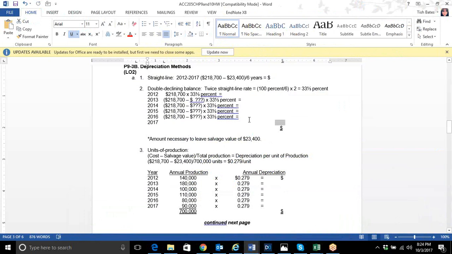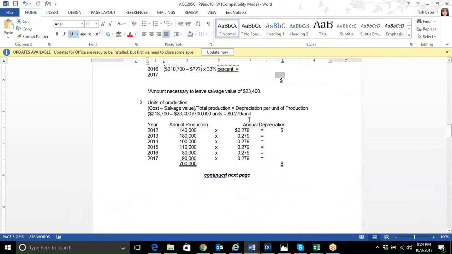Okay. Oh, you understand Part A? Okay, so what part don't you understand? It's Part B, which doesn't have units of production, and it is 2018.